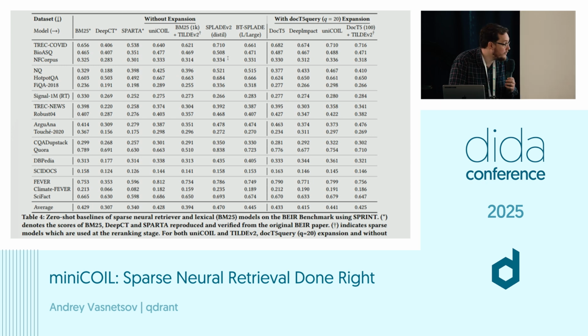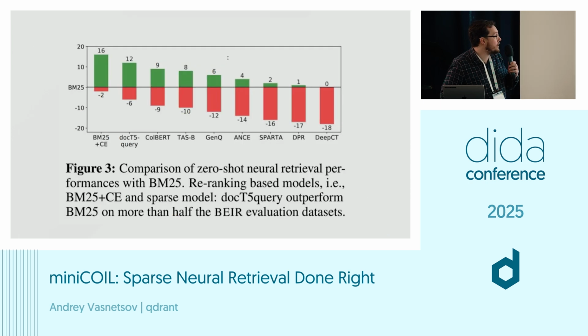To simplify this diagram maybe a little bit, there is this research which says that only a few models are outperforming BM25 on out of domain datasets. And as you can see, some of the models are very far behind, and they are losing in almost all cases compared to the default baseline over here.